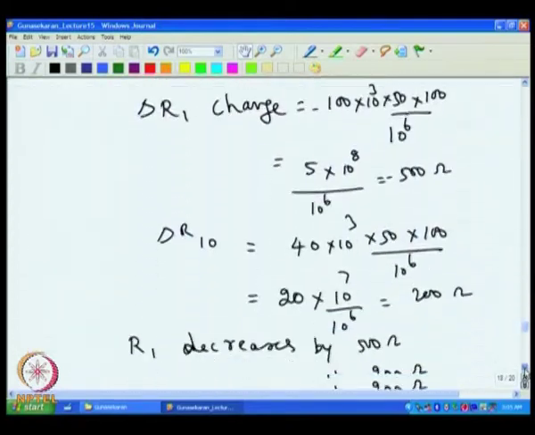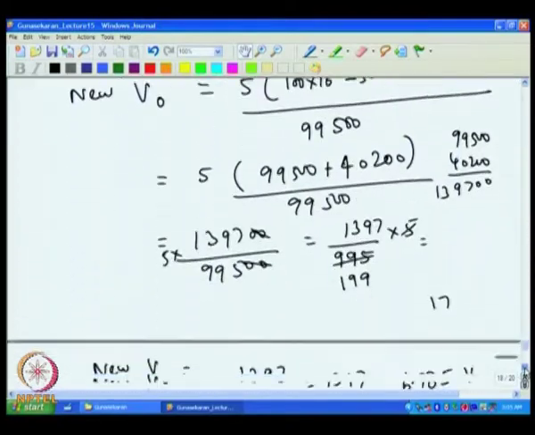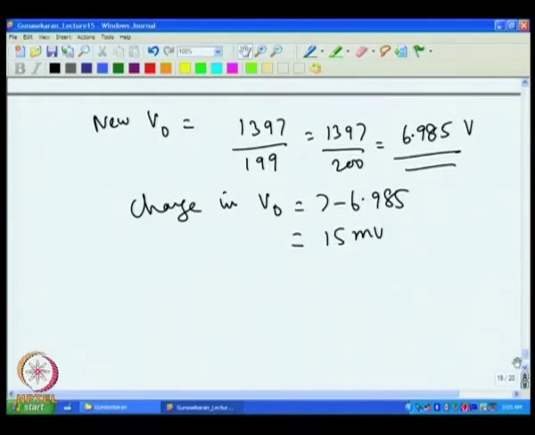This 15 millivolt change is due to resistance drift, but the current will decrease now.